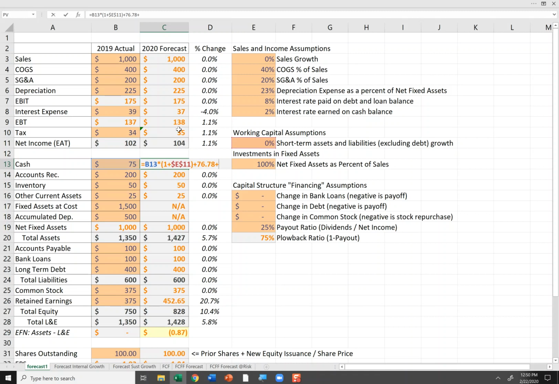So I need to add another 87 cents, and there I go. All right, that's a little dangerous. I hate putting numbers in with formulas, but that's a way of holding on to the cash. Maybe you'll need it next year. So this is how you could finance negative EFN, which is generally a good situation.